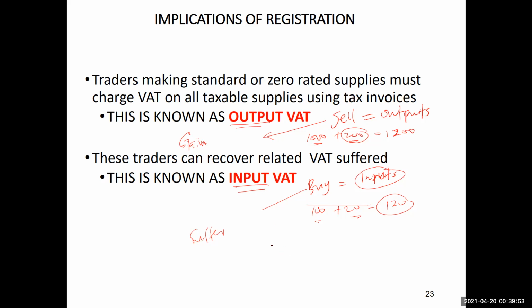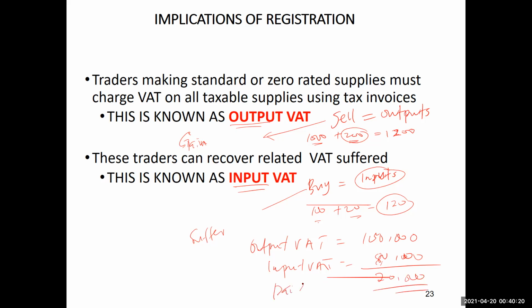So you will suffer this input VAT, and you have also gotten some amount as output VAT. At the end of the day, there is always a set-off. So let's say my output VAT is 100,000, and my input VAT is 80,000. I have suffered 80,000. I have collected 100,000. HMRC will require you to subtract and get 20,000, and this is what you must pay to the HMRC as VAT.